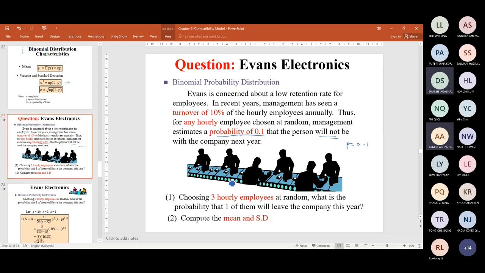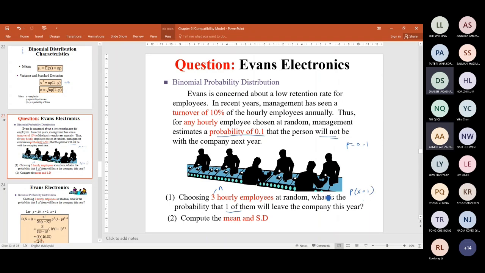So choosing 3 hourly employees at random. This is your N because you choose 3 trials. What is the probability that one of them will leave the company? Basically the question asks you to find P of X equal to 1.